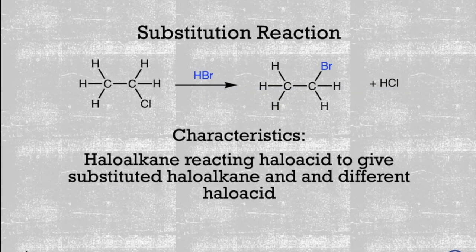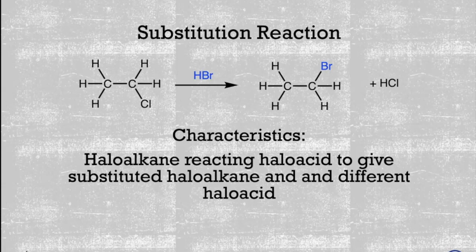Another type of organic reaction is the substitution reaction. Taking a look on the left, in the reactants, we have a chloroalkane. The chloroalkane is going to react with hydrobromic acid. The hydrobromic acid, in this case, produces a haloalkane having a Br attached instead of a chlorine.